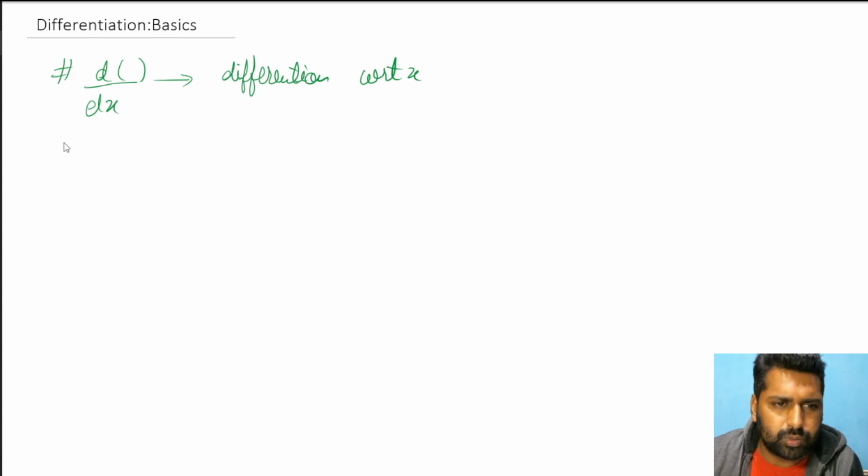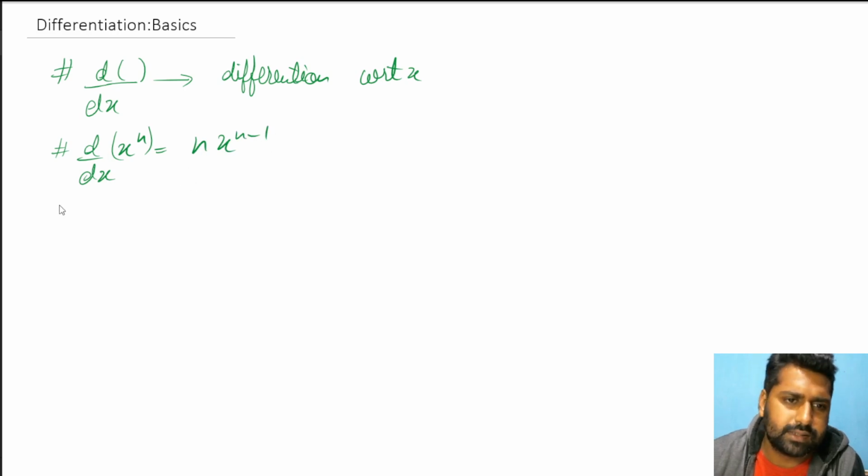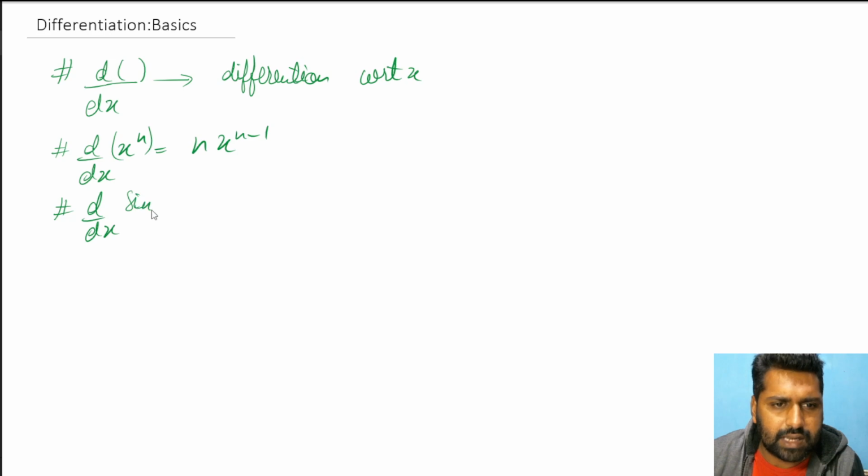Now basic some rules. D by dx of x raised to power n. So the rule is n x raised to power n minus 1. Power comes down, power becomes 1 less. Then d by dx of, we'll start with trigo now, sine x. The differentiation of sine x is cos x.